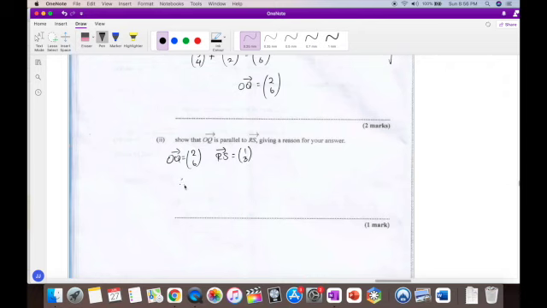So therefore, we could see here that if we take RS and we multiply it by 2, right? So OQ is really 2 multiplied by RS. So therefore, they are parallel. Yeah, because they are scalar multiples of each other.